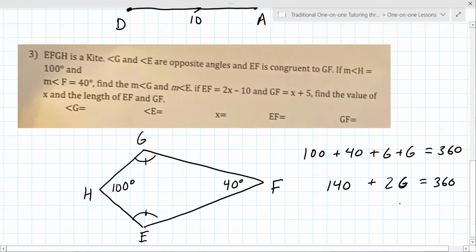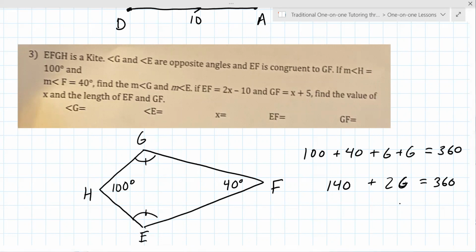Could you solve this for G? Now you have to subtract 140 from both sides.